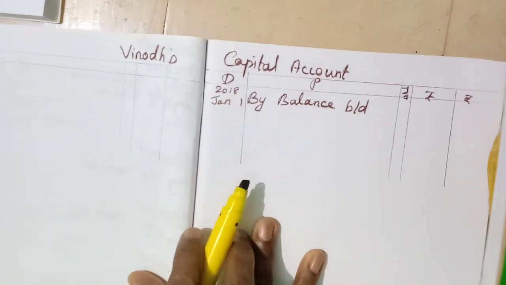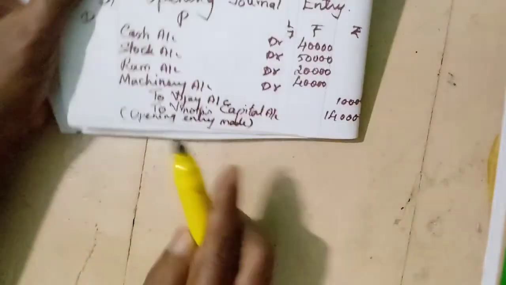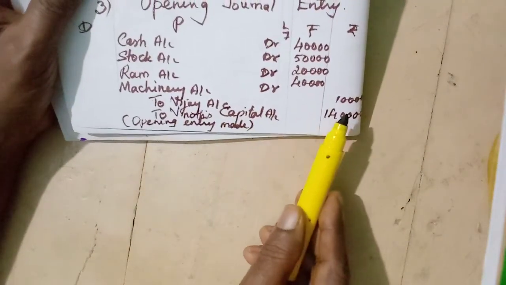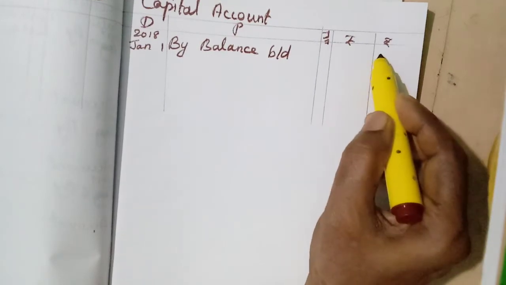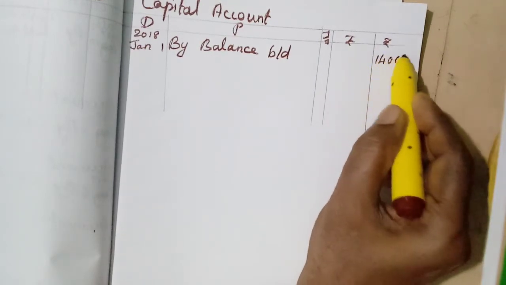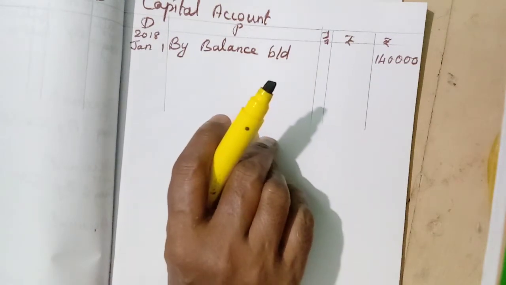By balance brought down, in the capital account, how much is the amount? Credit side, capital 1,40,000. This amount only we have to write in the ledger account. 1,40,000. Understood? That's all.